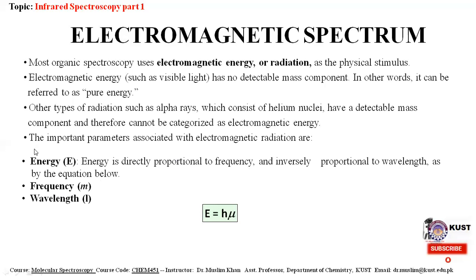We have explained the association of energy with frequency and with wavelength, and defined these terms. The distance between two consecutive crests or troughs is called wavelength. This was just to refresh your knowledge about spectroscopy.